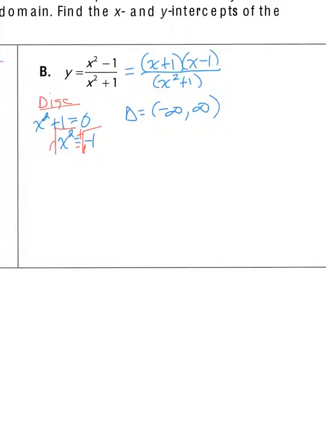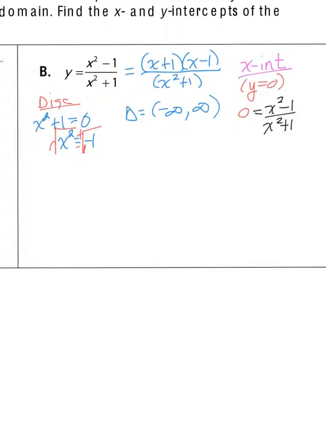Let's get a better color. All right, so for our x-intercept, we are going to let y equal 0. And so I have 0 for my y equals x squared minus 1 over x squared plus 1.